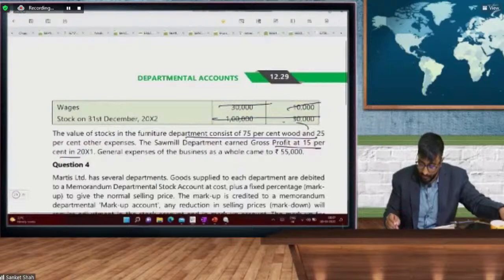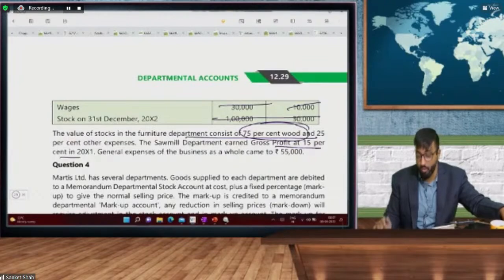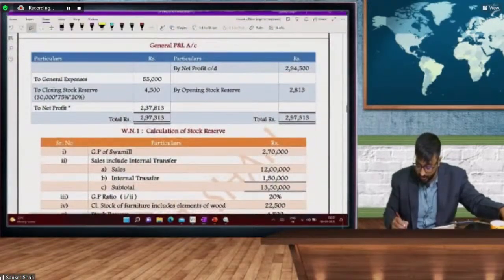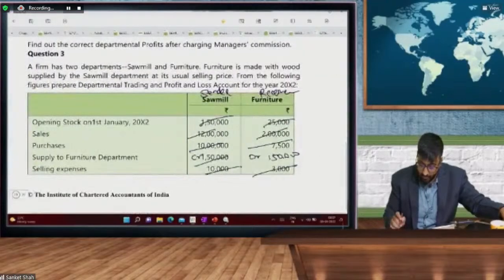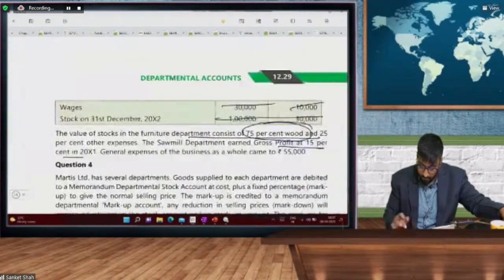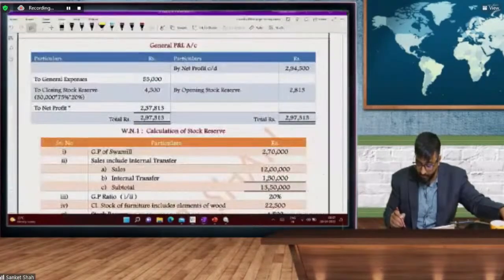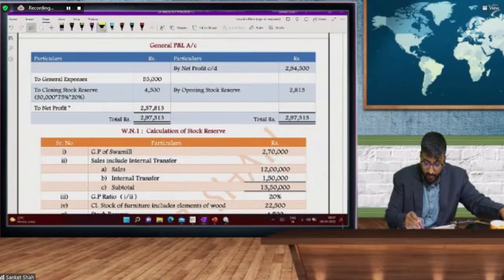Now, same question, 75% of wood. So now what is the pro forma? Yes, betas, what is the pro forma? General expenses are given in the question. Okay, general expenses 55,000. So net profit you are going to write by net profit, general expense.